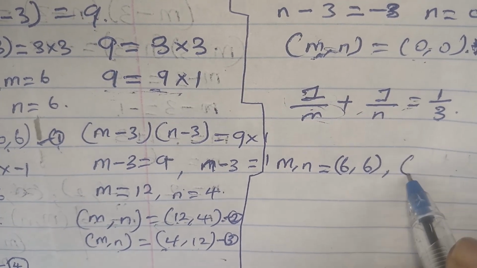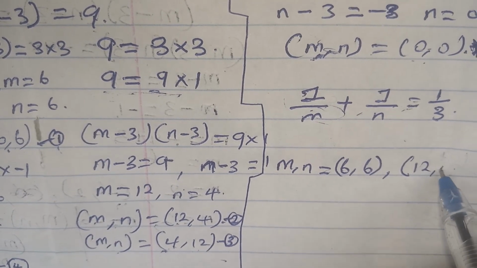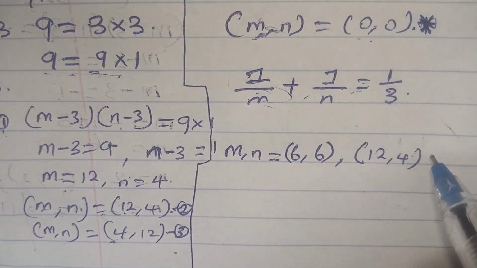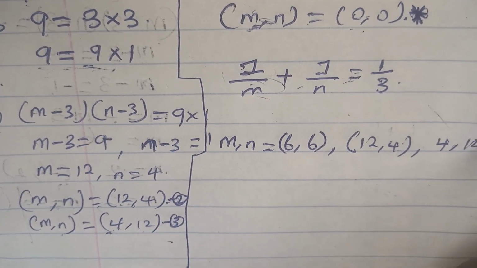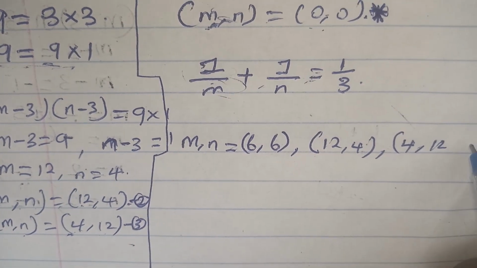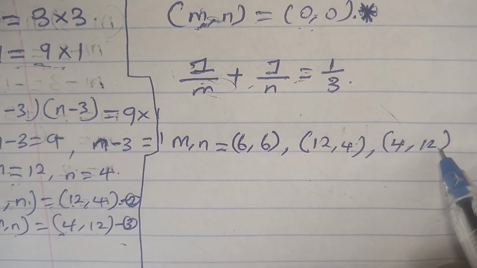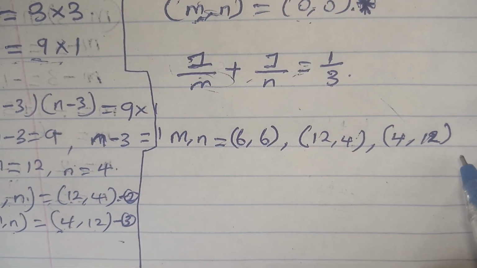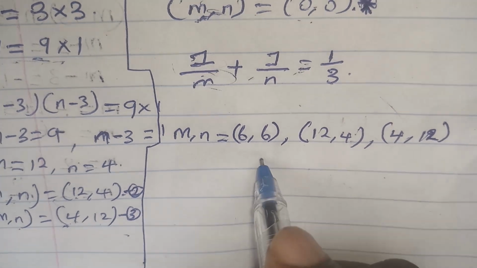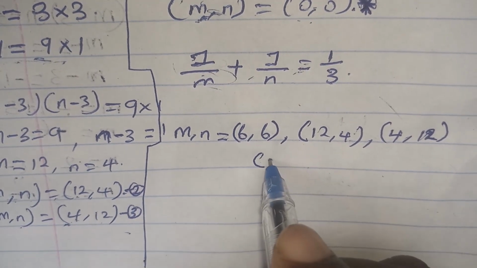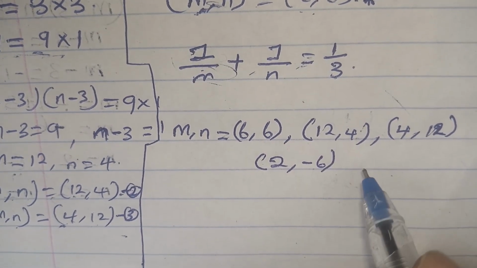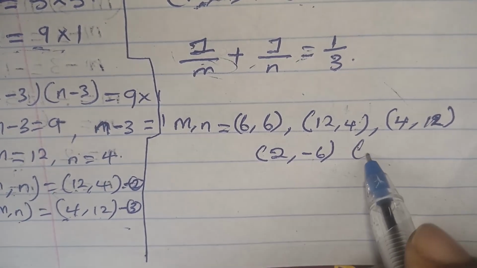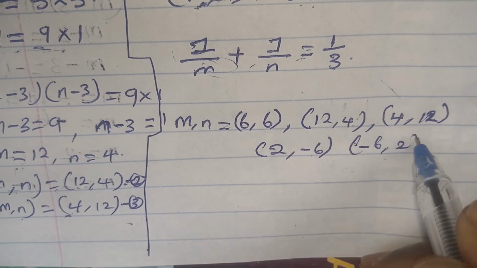It's also equal to 12 comma 4. It's also equal to 4 comma 12. It's also equal to 2 comma minus 6, and we also have a fifth value. It's also equal to minus 6 comma 2.